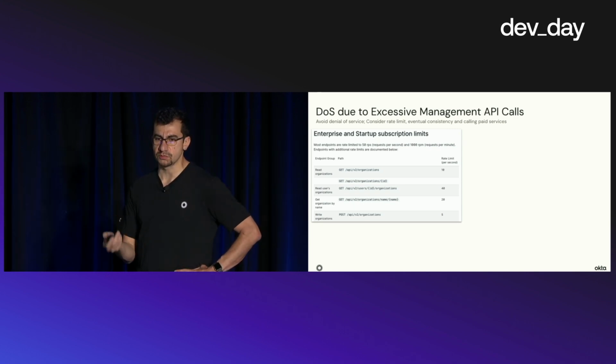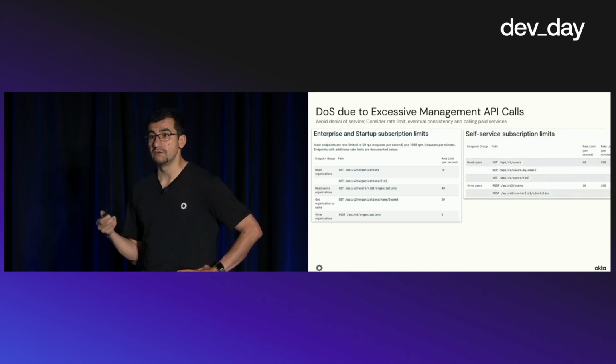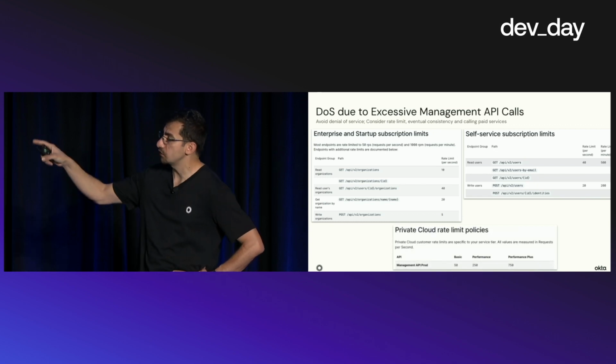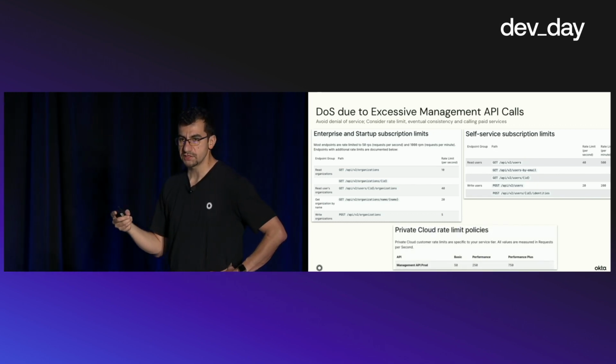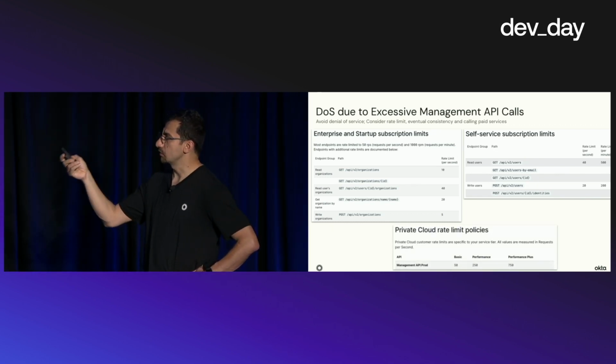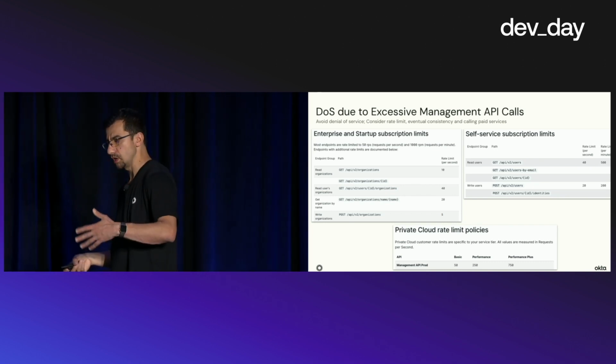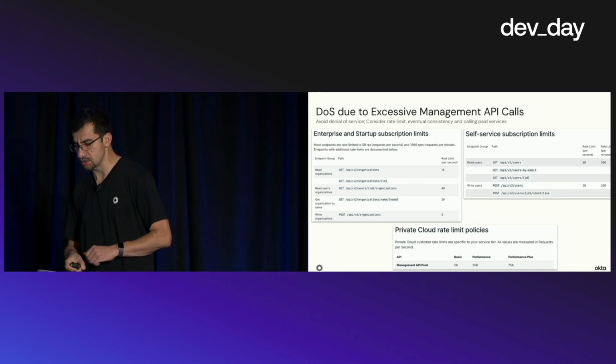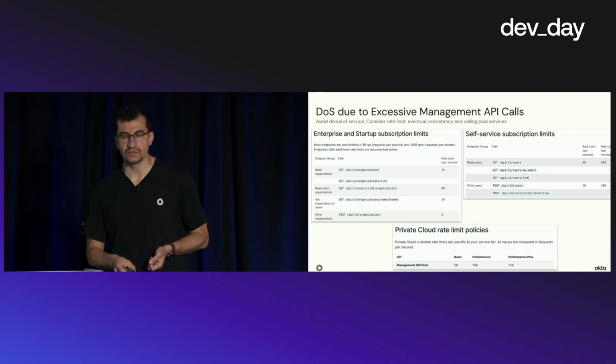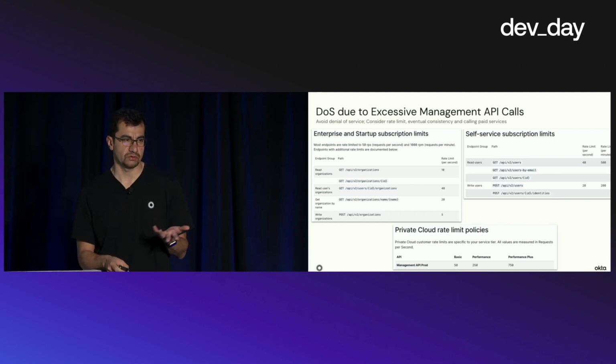Depending on your subscription or your environment tag, you have different levels of rate limits for the management API: rate limits per second, per endpoint, and per minute. If you're in the private cloud, about half of the RPS that you have on your private cloud is dedicated to the management API as well. But if you go over these numbers, it's a hard limit. You're going to get a 429 and you're going to have an outage.